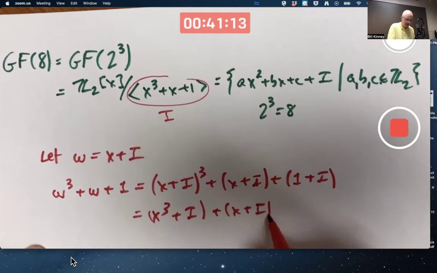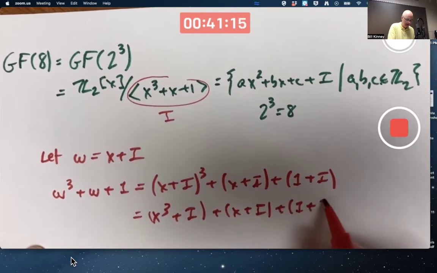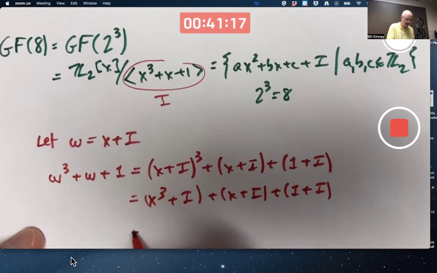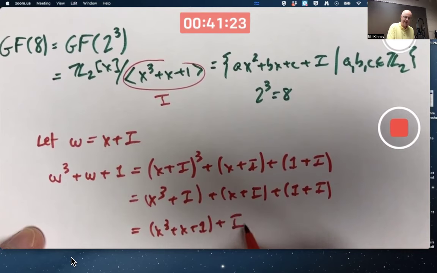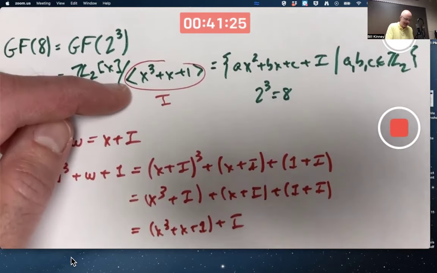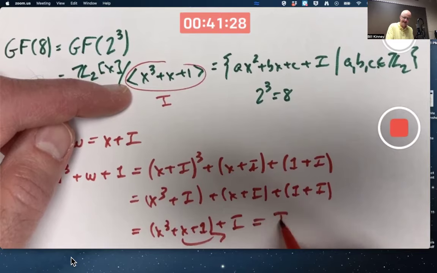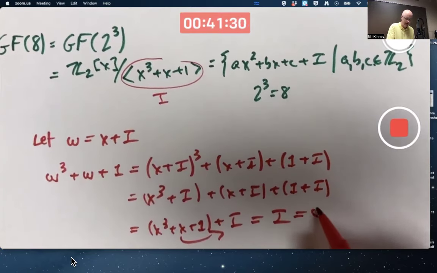And I can just keep these other cosets as they are. And then add cosets by adding the representatives. Like this. But then because of what this ideal is, that gets sucked into there. This simplifies to I, which is the 0 element.